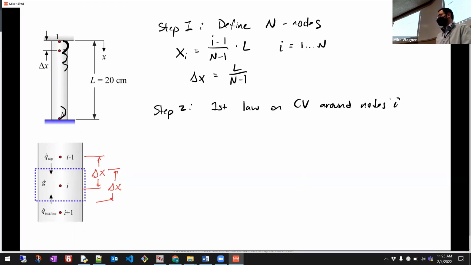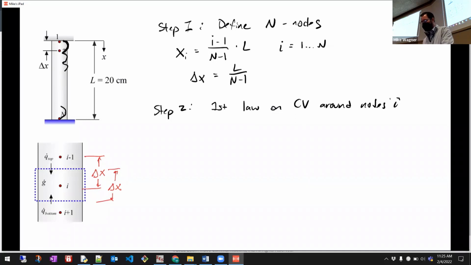If we don't know and have no real reason to believe either way, why not just draw everything going in, so that it's easy from a modeling perspective to model every single node the same way? If every node is modeled the same way and everything's going in, then all our conventions are neat and tidy, we can duplicate the equations, and it makes our lives easier. So by convention, we're just going to say everything's going in.